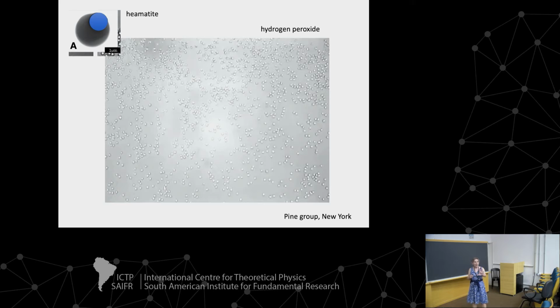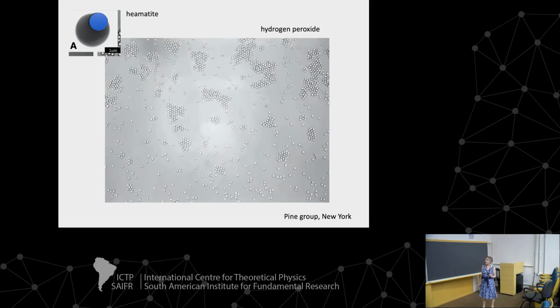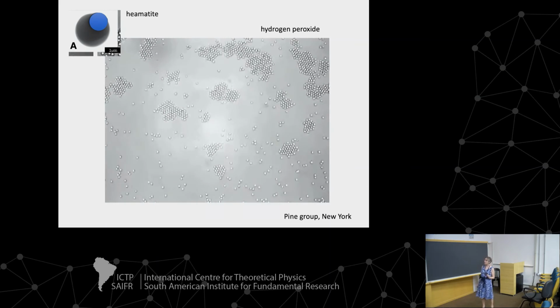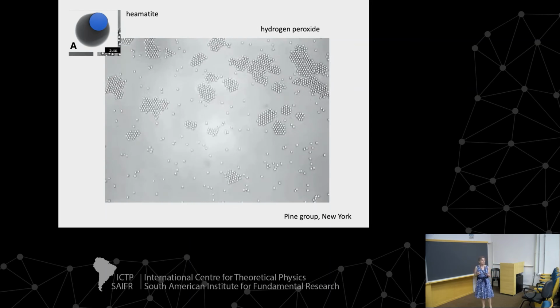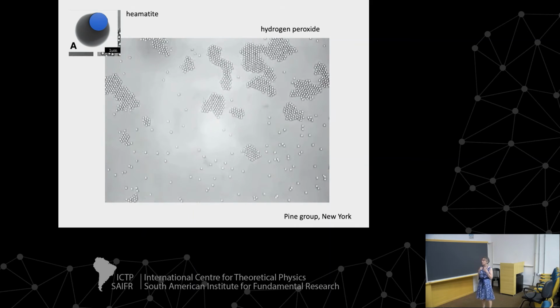If you put on light, this hematite reacts with the hydrogen peroxide, and essentially they behave like little rockets. I think it creates bubbles, and therefore they behave like little rockets, and they become self-propelled when you have lights on. And when they are acting as self-propelled colloids, what happens is that they sort of move towards each other and they get stuck in these rafts. Again, active self-assembly, but a rather simple version.